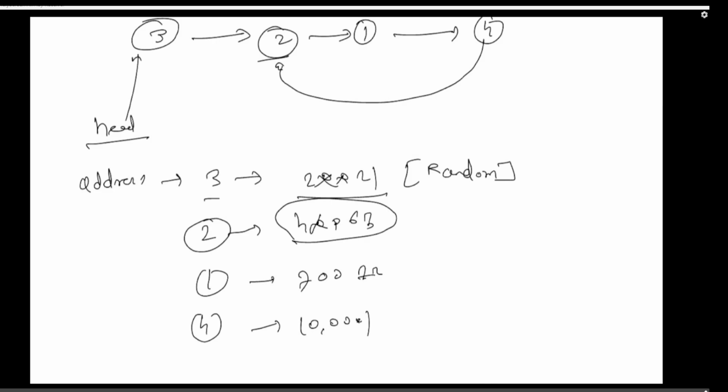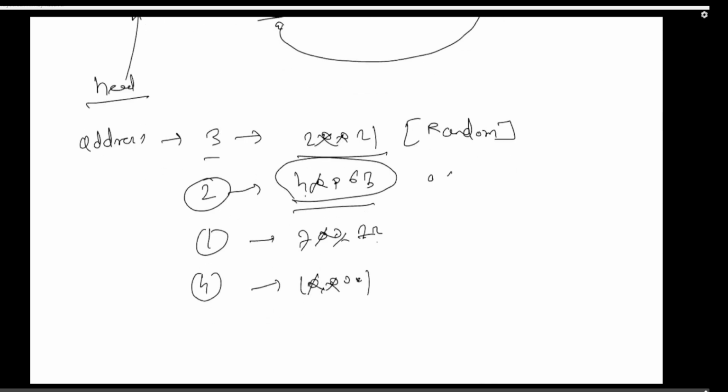It can be stored differently, but I'm assuming it can be stored like this. For this one it can be stored like 4xx63, then 7xx22, and 4 also xx0001. Something like that, we can be storing the address of the next node.